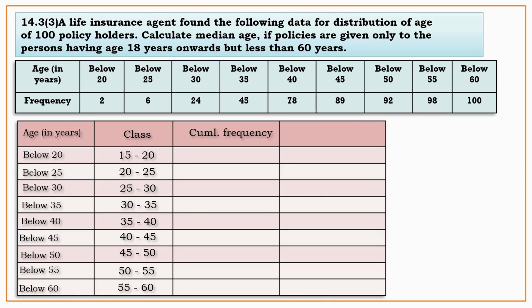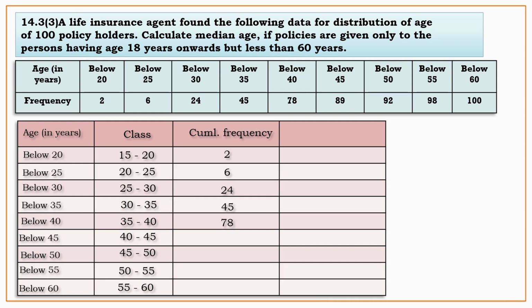Now let's find the cumulative frequency. Okay, so here it is written wrong. This is given as, okay, now this is not wrong. Okay, so here if you take a look, the frequency is given. Okay, so below 20 or below 25, whenever this type of data is given, it is always given in the form of cumulative frequency. Why? Let me explain. So below 20, there are two people.